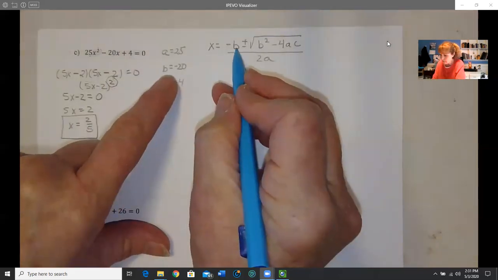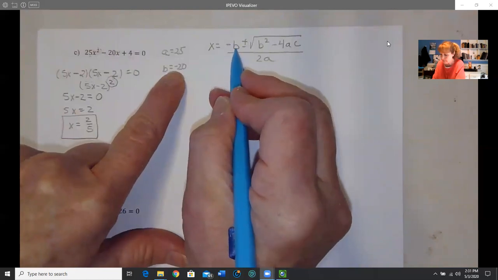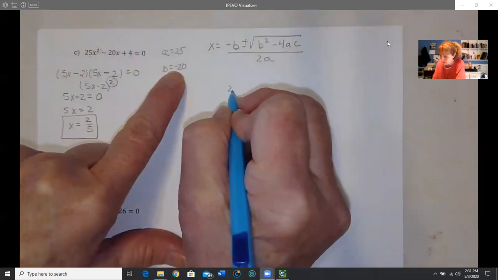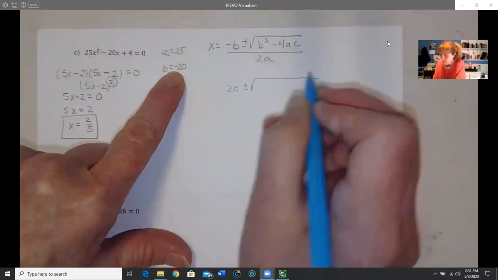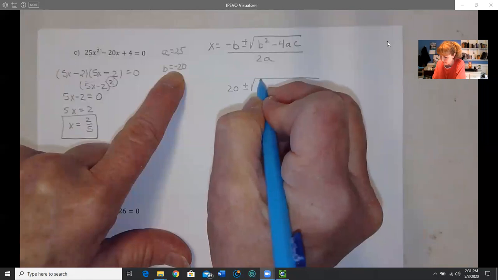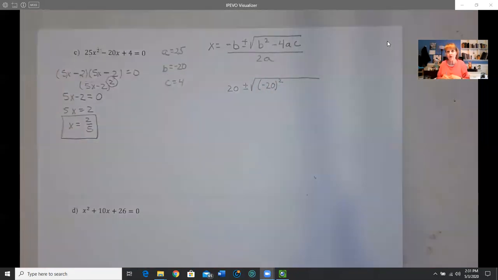So we start off with the opposite of b. Well, b is negative 20. The opposite of b would be positive 20. Good. B squared, negative 20 squared. If you don't want parentheses, just drop the negative and go 20 squared.